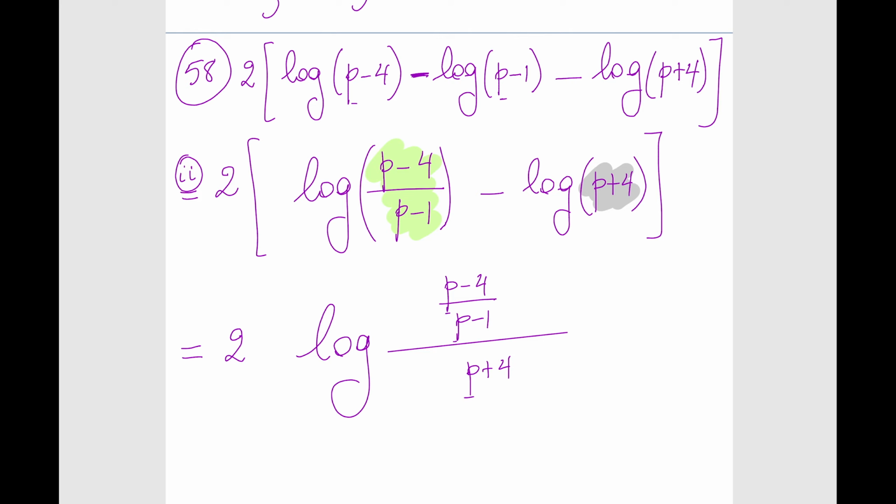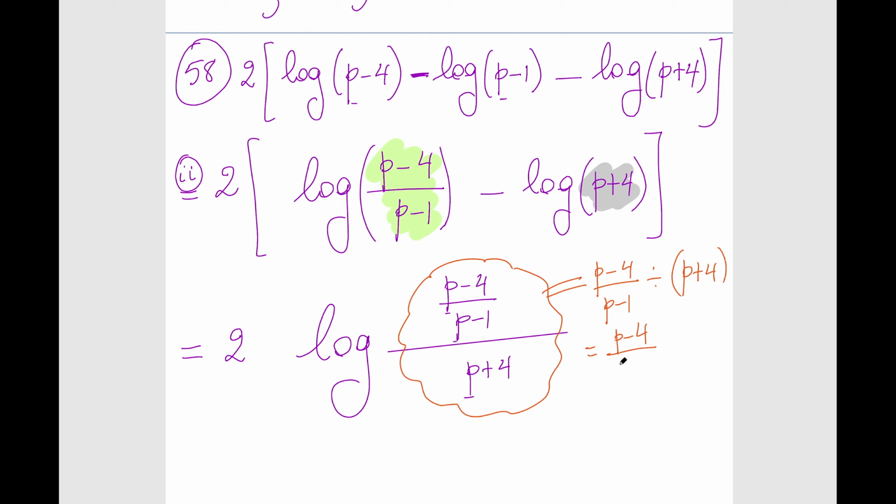How about we take this by itself and try to rewrite it or remodel it a little bit. This is the same as p minus 4 over p minus 1 divided by p plus 4, right? And dividing by something means multiplying by the reciprocal of the thing, which means 1 over p plus 4, correct?